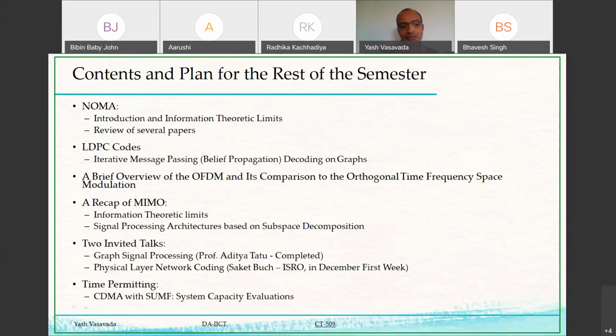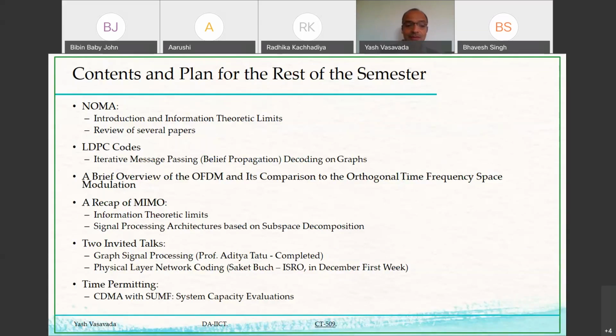Actually, CDMA with single user matched filtering, as you may be noticing in lab 4, doesn't perform that well. It is one of the weakest detection techniques. But the main advantage of SUMF is that it is computationally the simplest technique.